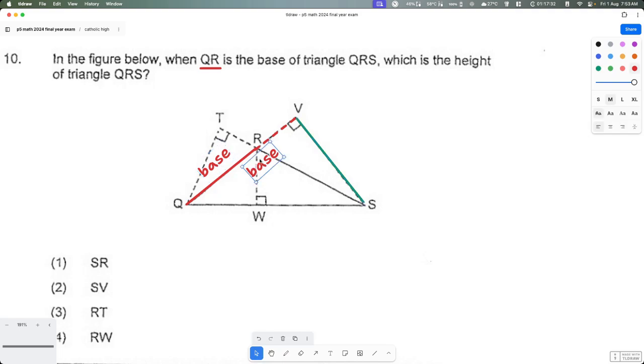So this is the height, with an H, and I'm going to move this over here. I need to put this as a dotted line as well. Just put it above so at least you can see. So the height is S and V is here.